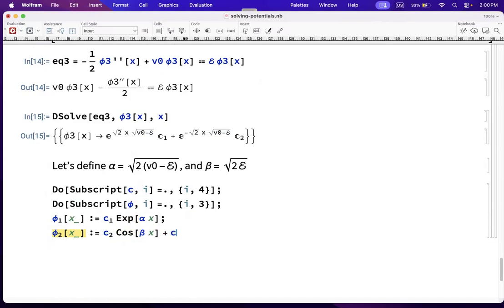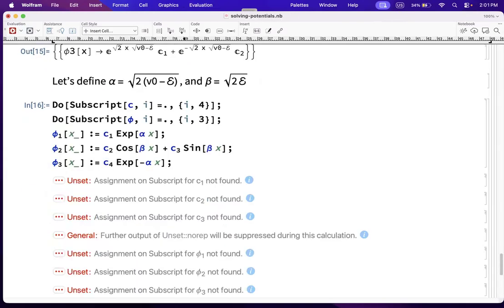Plus C sub 3 times sine of beta x. Right? And finally, the wave function phi sub 3 of x is equal to C sub 4 times the exponent of minus alpha times x. So these are my three wave functions, okay?